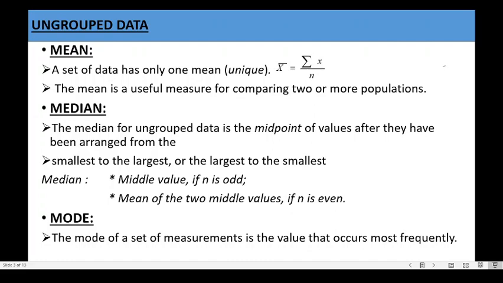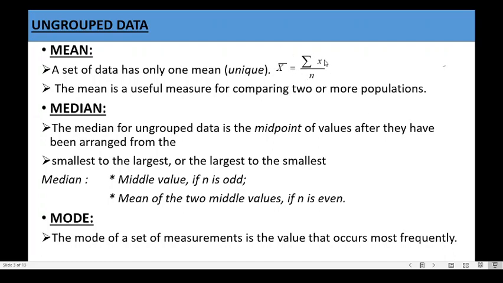Okay, first one is the mean. What is meant by mean? It is the average, a unique number for a set of data. The mean is a useful measure for comparing two or more populations. In the formula, there is the sum of x divided by n.